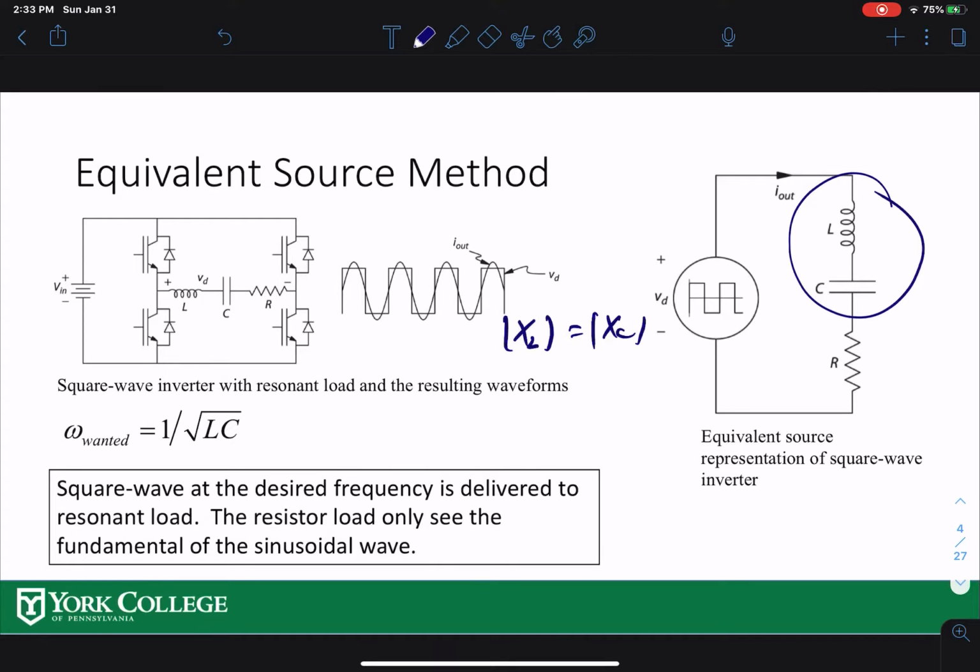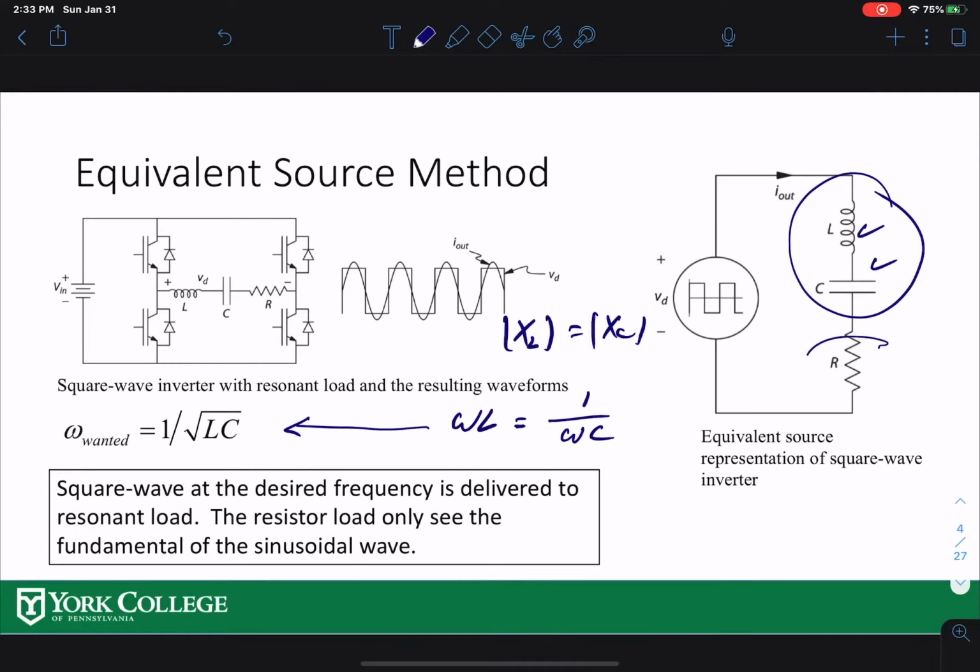As you know, your inductive impedance is omega L, and I'm only talking about magnitude here, and your capacitive impedance would be 1 over omega C. So if you modify that equation, the wanted frequency omega will be 1 over the square root of LC. That means at the resonant frequency, these two will not affect the circuit.